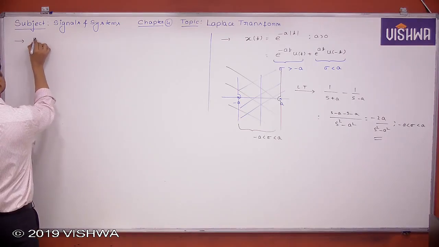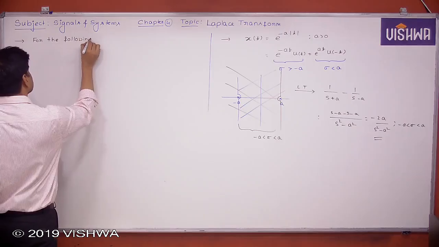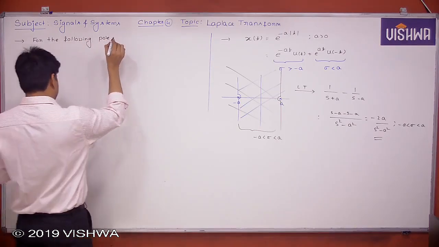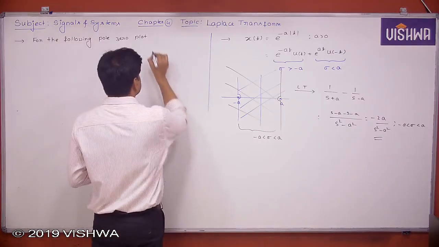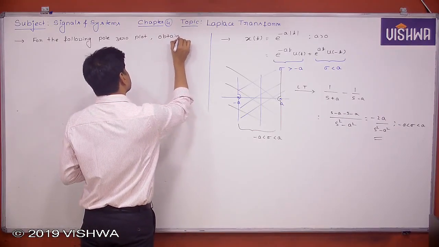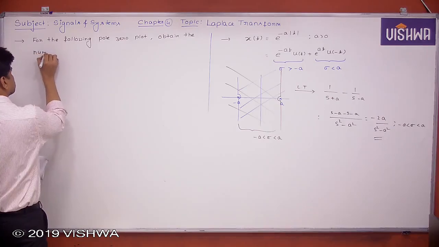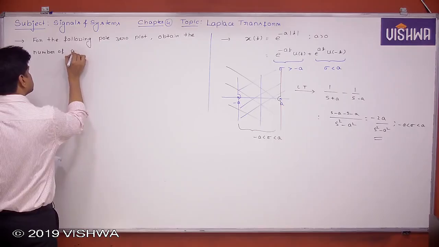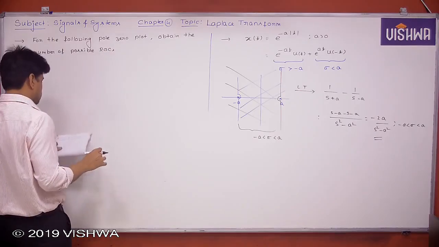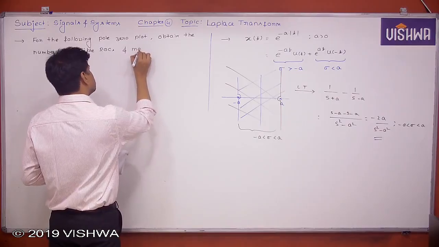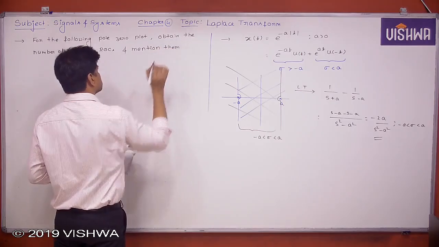Take down this question. For the following pole zero pattern, pole zero plot, obtain the number of possible ROCs and mention them.